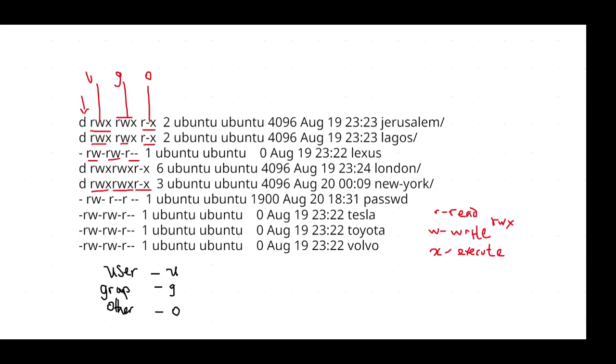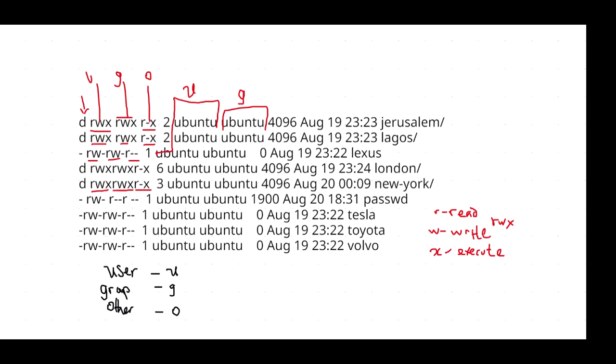This first column is for users, and this second column is for group. No column represents others because others means others. The rest apart from the users and the group.